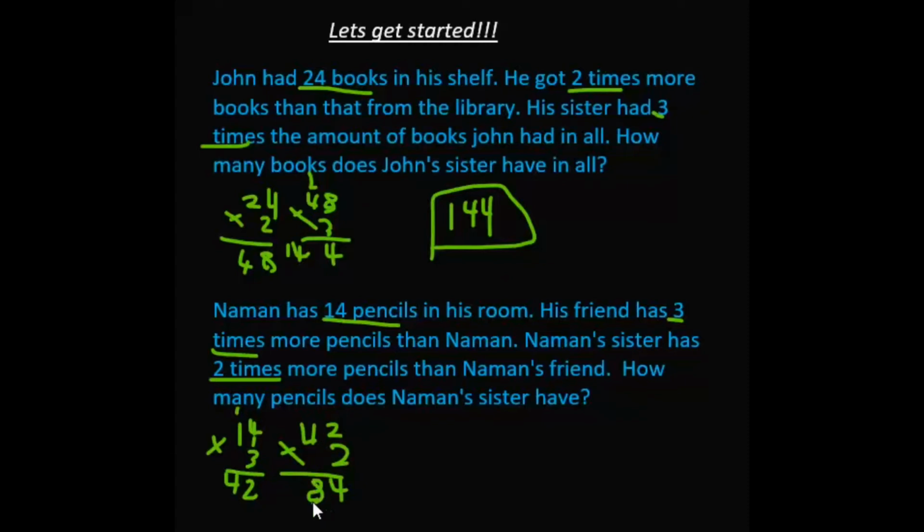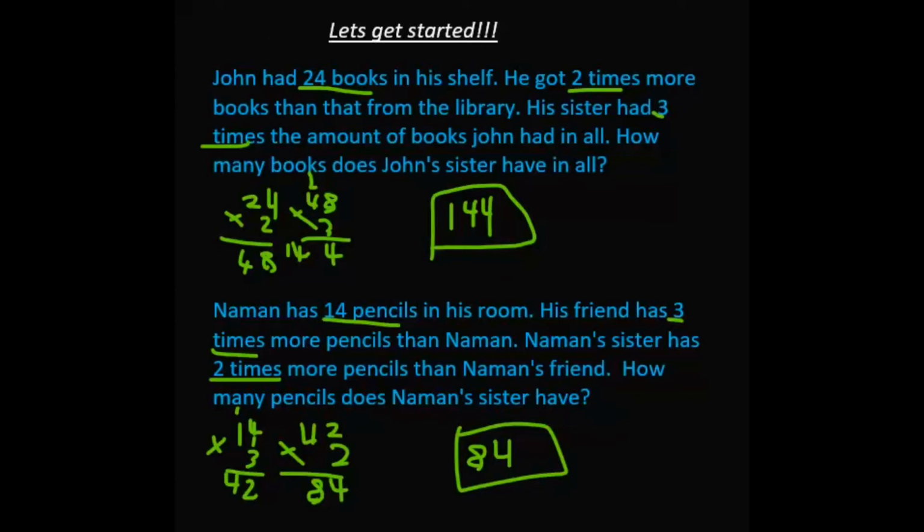So that means my sister has 84 pencils. I'm just going to box this because it's our answer. So that was pretty simple. There's not much to it. So now let's move on to the next problem.